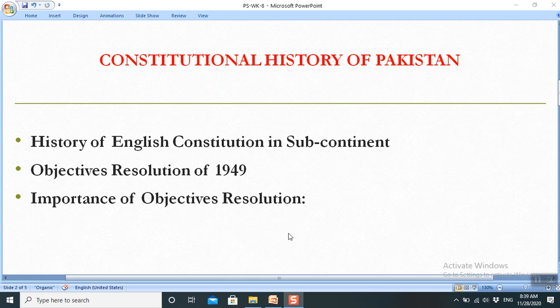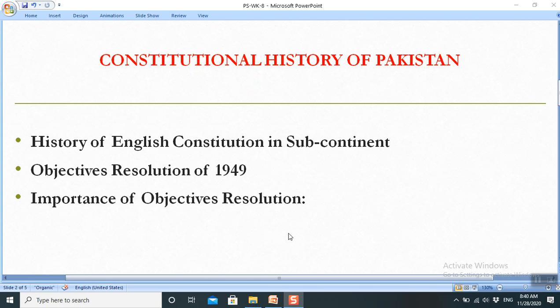Well, later on, the Muslim League leaders, especially Quaid-e-Azam, wished that there should be a constitution for Pakistan that must reflect a true Islamic democratic form of government.